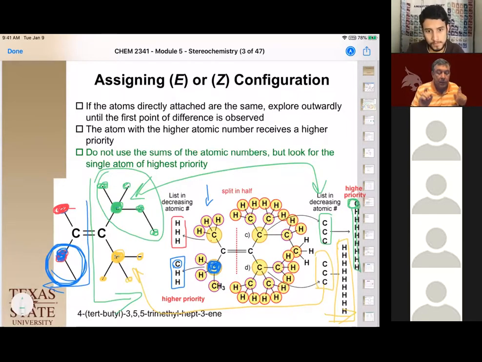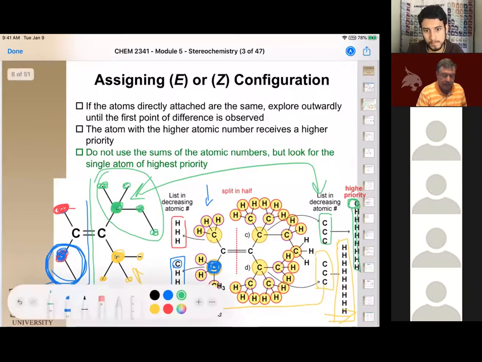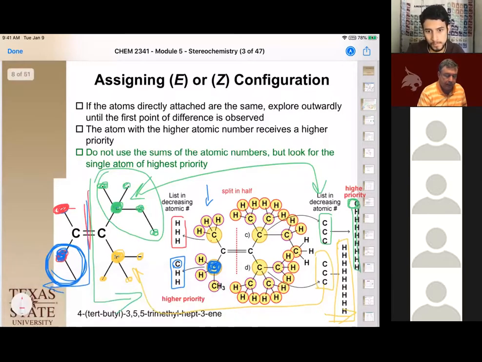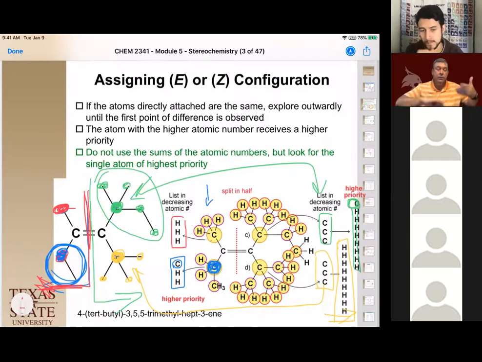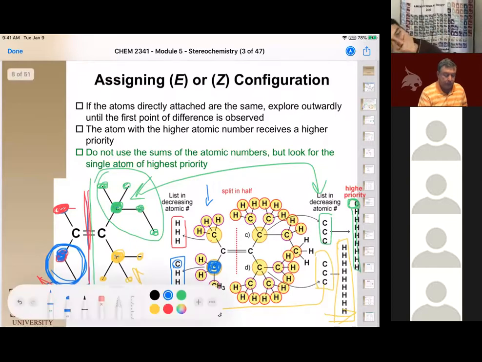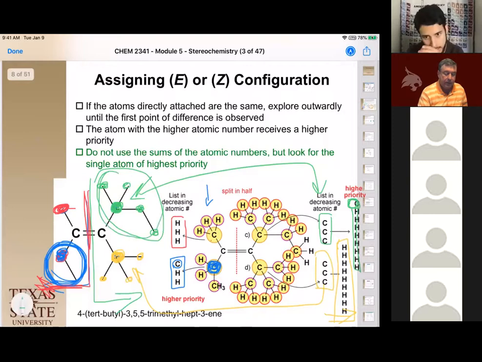But remember, the key here is you look at one side and assign priority to half of it, then look at the other side and assign priority to the other half. Whichever side those two priority things are on is what it is. In this case, we have our highest priority here on the bottom on this side, and our highest priority here on the top on this side. So what does that mean about the configuration of this particular compound?